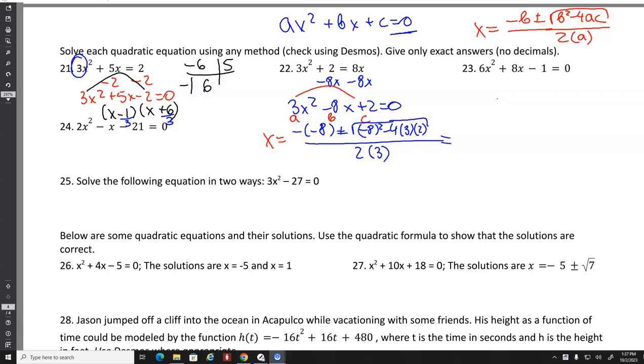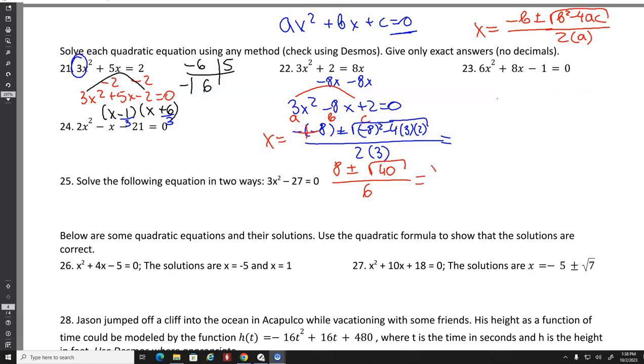So now again, negative and negative is going to make it a positive. So you've got 8 plus or minus. Underneath the root, when I calculate negative 8 squared minus 4 times 3 times 2, I'm going to get 40, over 6. Now, the square root of 40 is 2 root 10.